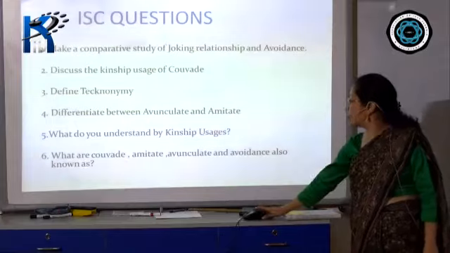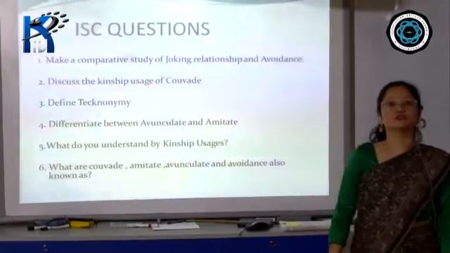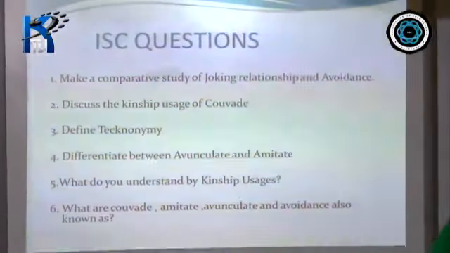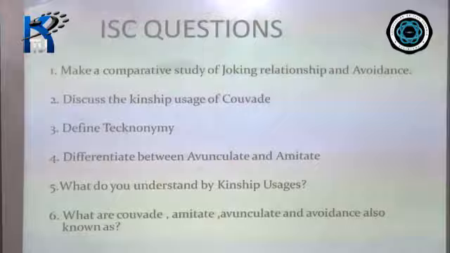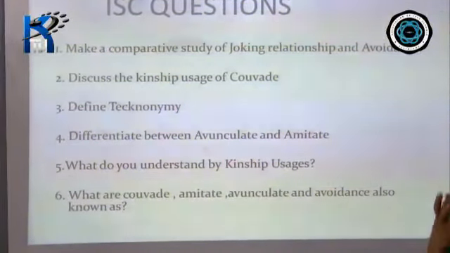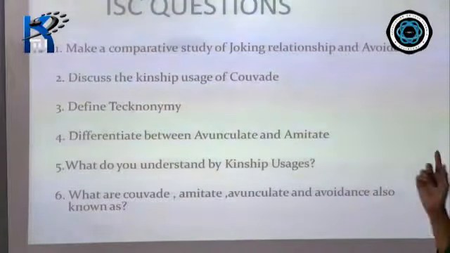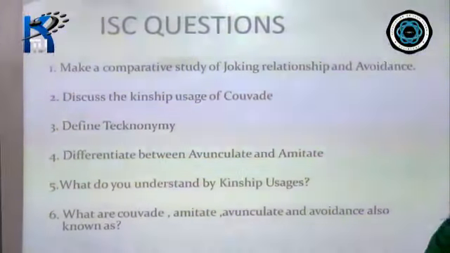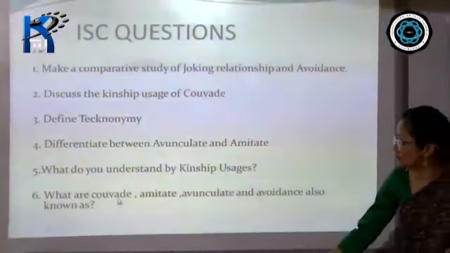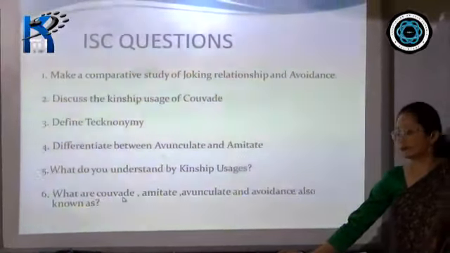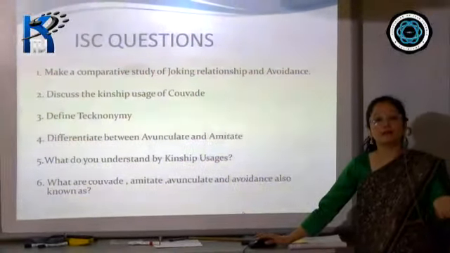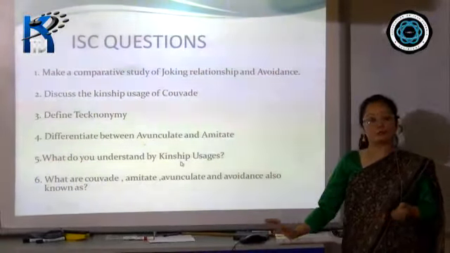Next is what are couvade, amitate, avunculate, and avoidance known as? So look at question number 5 and question number 6. The same content, the same answer has to be written, but we have 2 questions here. And the same questions came back to back. For example, if you are writing about kinship usages, all these terms which are mentioned here, like couvade, amitate, avunculate, and avoidance, are nothing but examples of kinship usages.